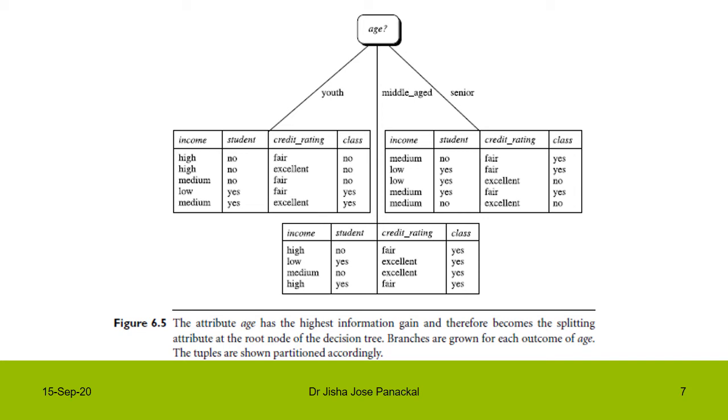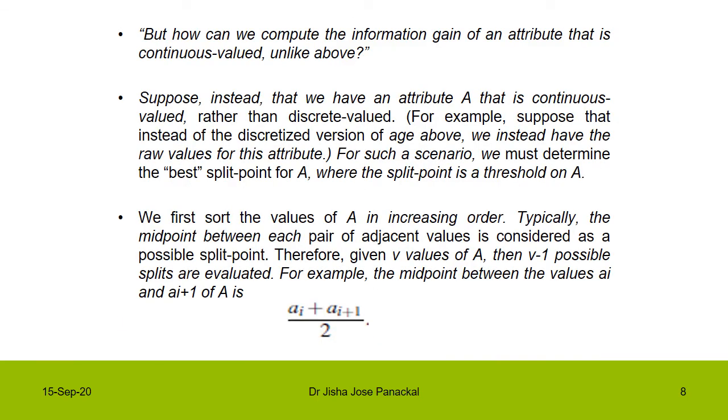Then we will select the gain value of the particular branch again, and we will repeat this procedure, and based on this we will create a decision tree. So this is the procedure, and we can calculate the information gain of attribute on continuous valued attributes. That is the case of prediction.